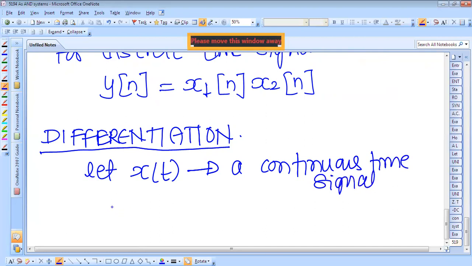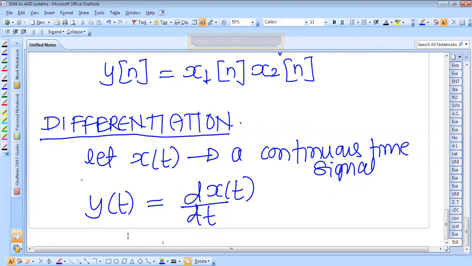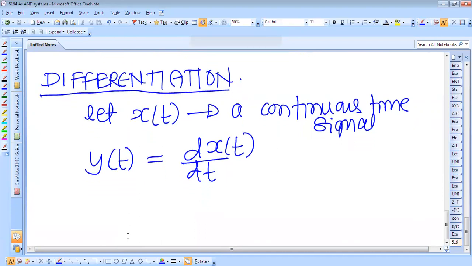Then the derivative of x of t with respect to time gives the output signal. In this way we differentiate the given continuous signals.